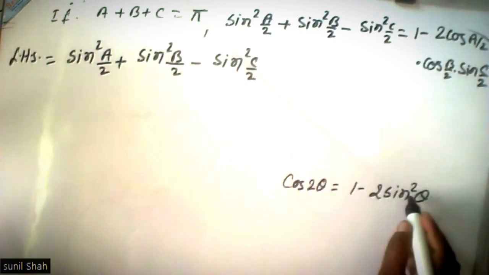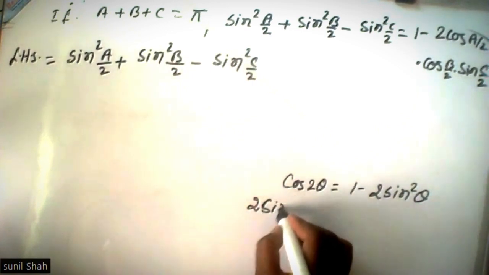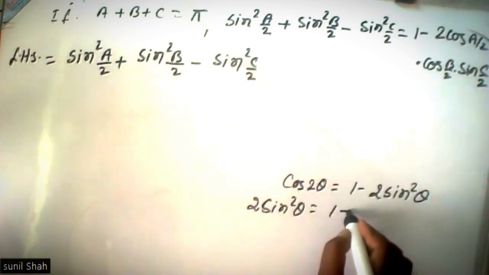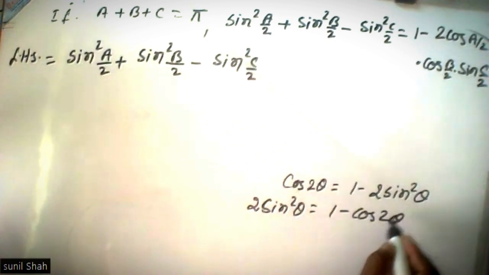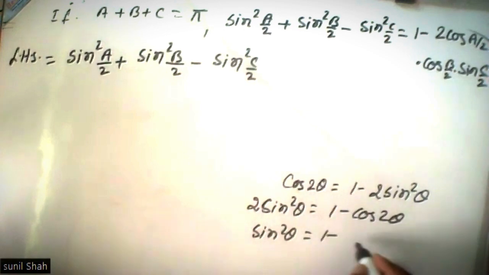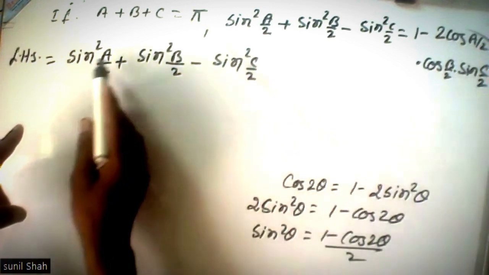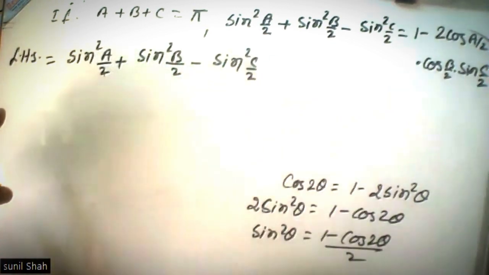So bring this 2 sin square theta to the left side. 2 sin square theta becomes 1 minus cos 2 theta. Now sin square theta becomes (1 minus cos 2 theta) by 2. So we don't have sin square theta here. We have sin square theta by 2.